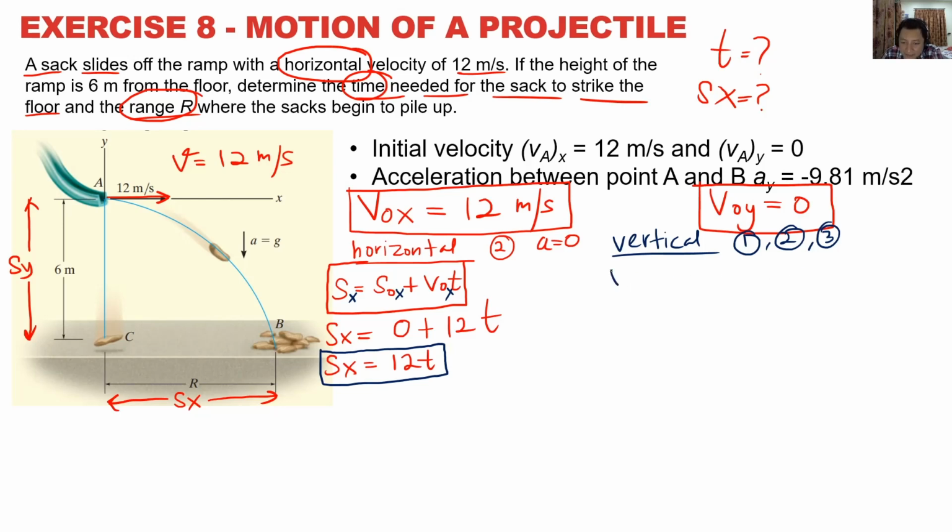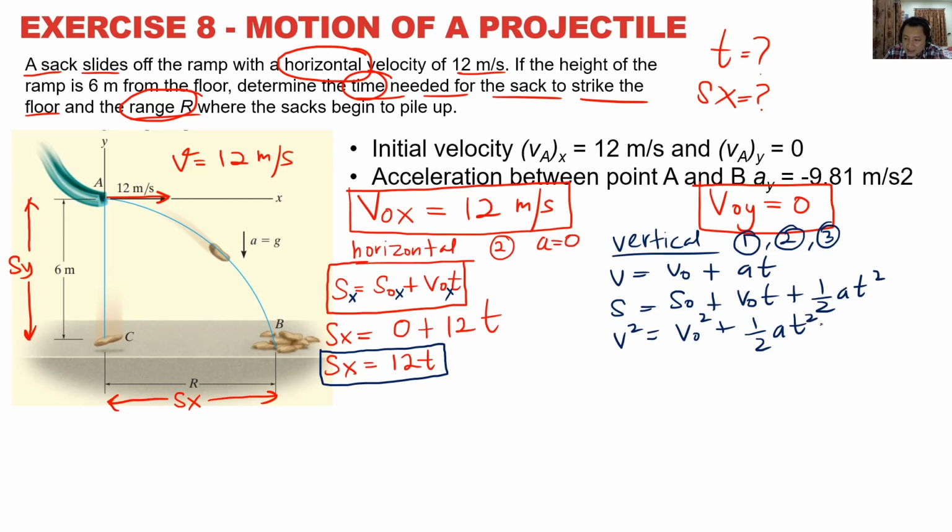First equation, V is equal to V naught plus AT. Second equation, S is equal to S naught plus V naught T plus half AT squared. Third equation, V squared is equal to V naught squared plus 2AS. These are the three equations, so now you can choose properly. Equation number 1: do you have any information for it?